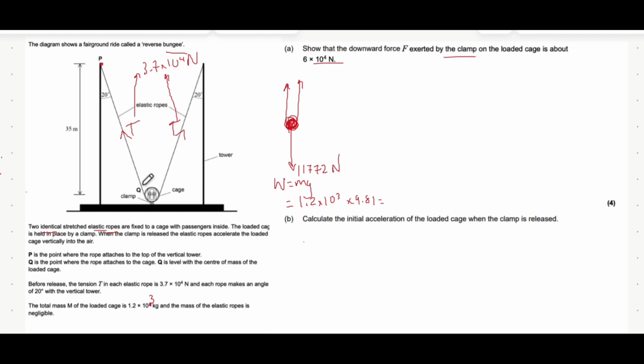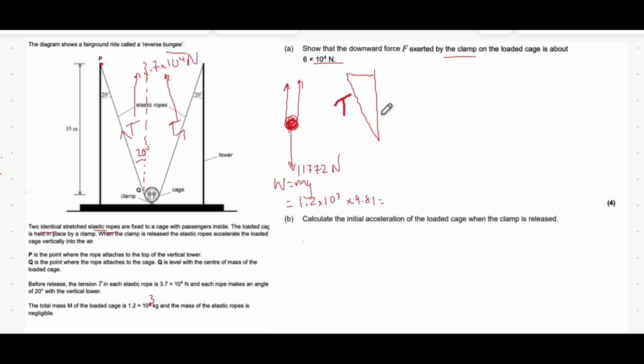Moving on. We also have vertical components of the tensions, not the tensions themselves because they're at an angle. To find that vertical component, what we can do is form our own right angle triangle. Using the fact that these lines are parallel lines, you can use the alternate angle rule or the Z angle rule to say that this angle here is also 20 degrees. What's the component of the tension going to be in this vertical direction then? If we draw out a right angle triangle here, this hypotenuse represents the tension.